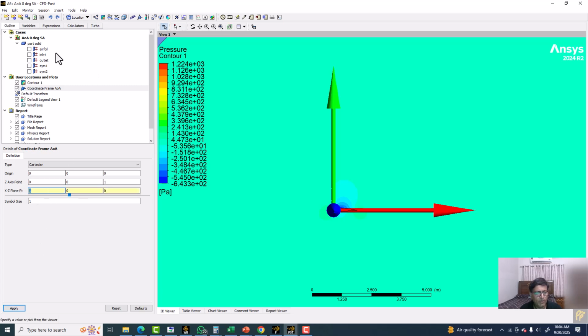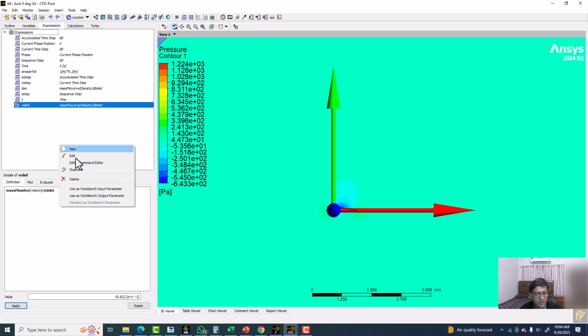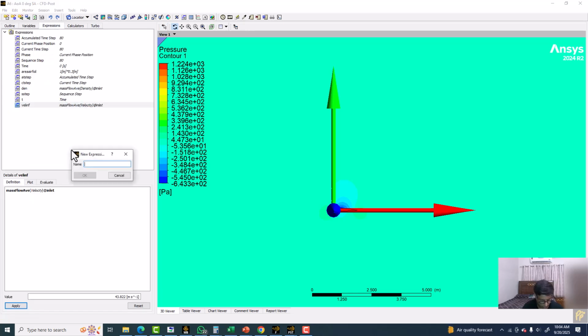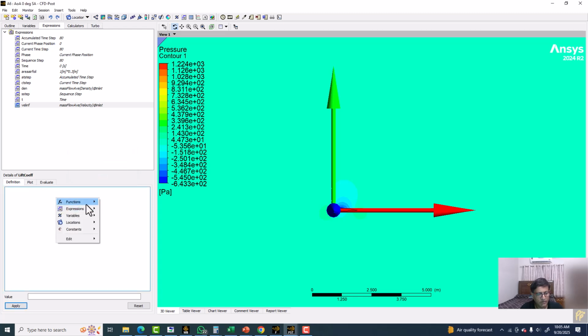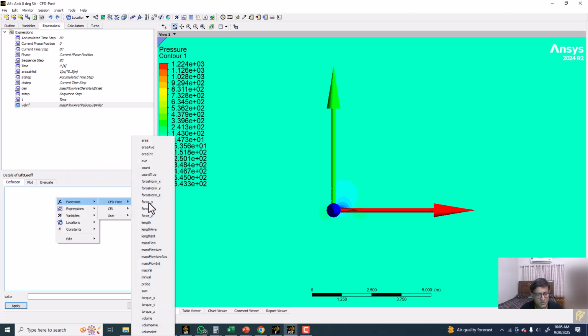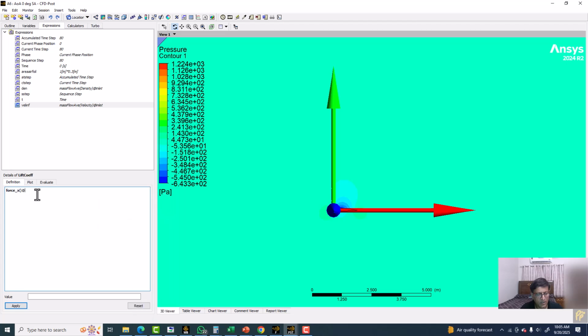Okay, now go back to expressions. Now I will define the new expression. This is for the lift coefficient. So I will put the value that is just from CFD post, and this is a force X here, on the aerofoil, and divided by what?